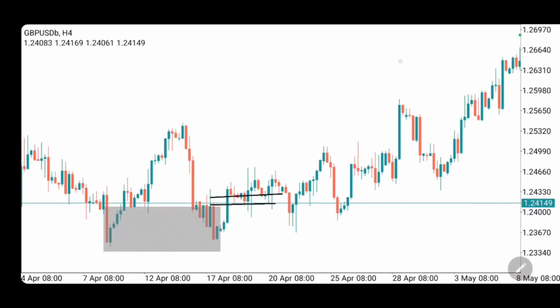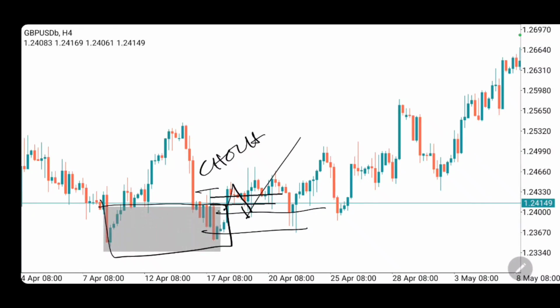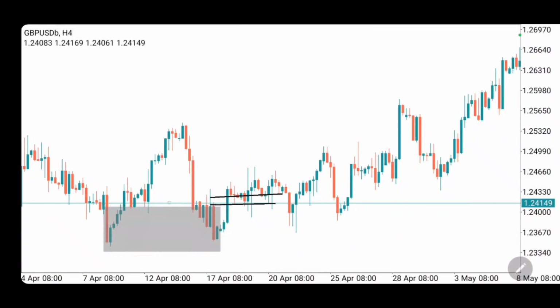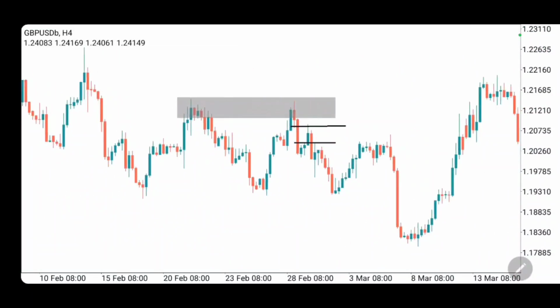Here again, as in the previous example, there was a demand zone, and now there's some sort of change of character, and now you get into the trade by entering on the return to FVG, fair value gap. Let's see if we have more examples. Right, another example right here.